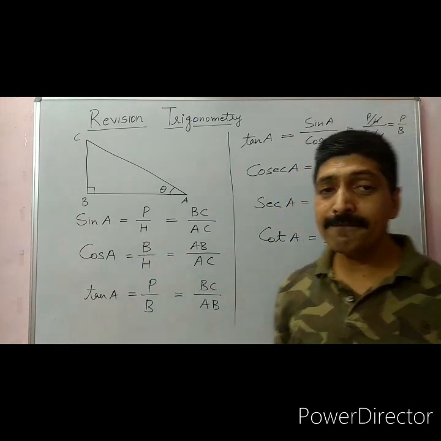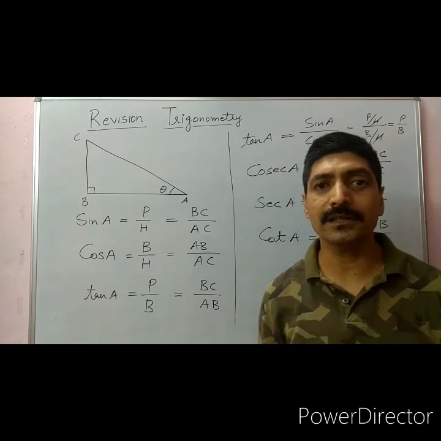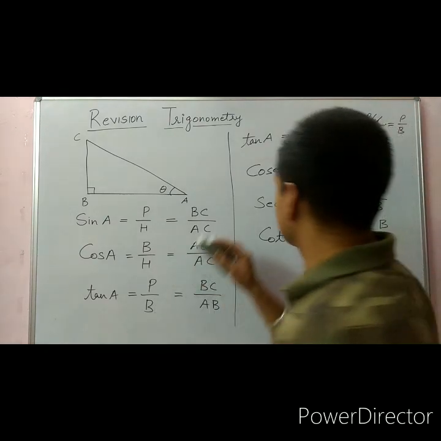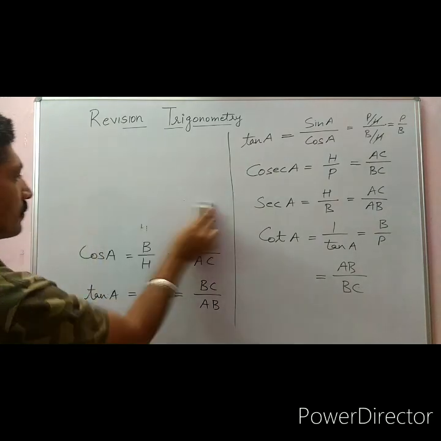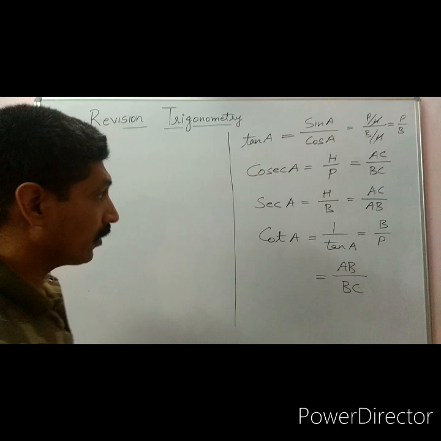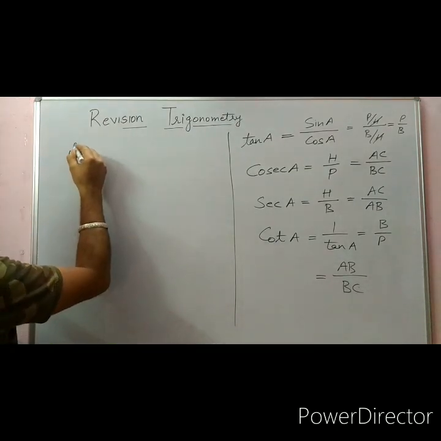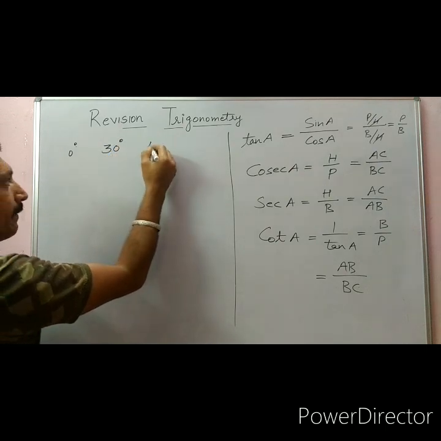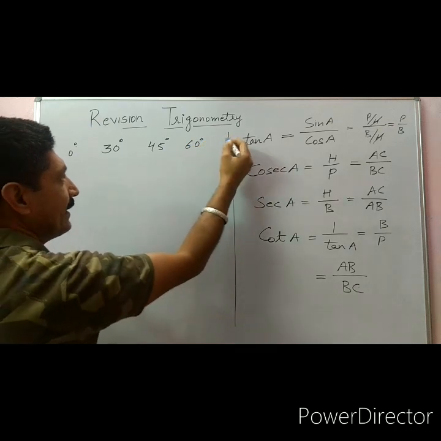Then we have discussed how to remember all the trigonometric ratios for the specific angles: 0 degree, 30 degree, 45 degree, 60 degree and 90 degree.